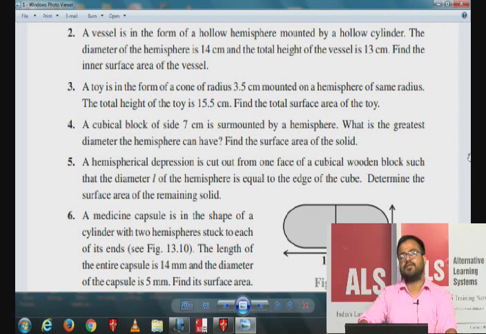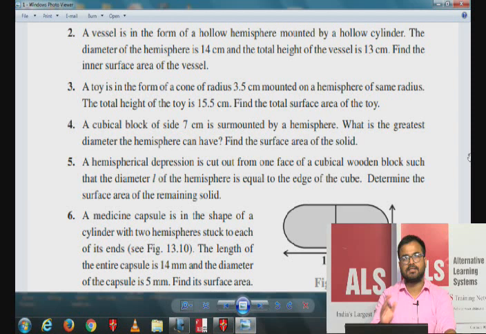There is a vessel in the form of a hollow hemisphere mounted by a hollow cylinder. Mounted means the cylinder is on the top of a hemisphere. Diameter of the hemisphere is given, total height of the vessel is given. You have to find the inner surface area of the vessel.